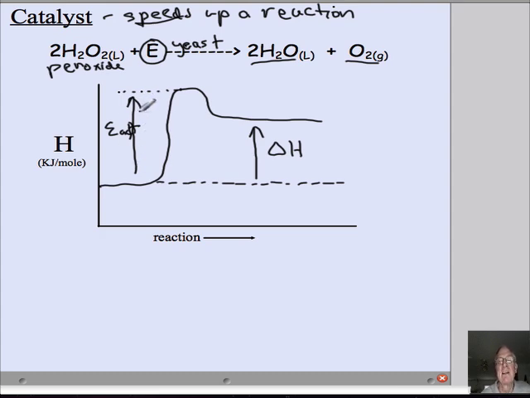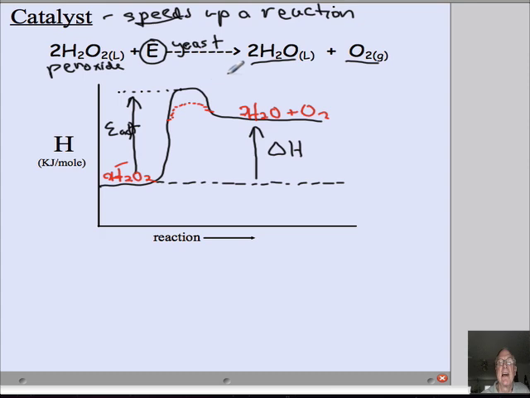It doesn't affect the total energy change in the reaction. The chemicals, the peroxide here, which I guess I could write in here, and the water here and oxygen still have the same enthalpy that they would have had without the catalyst. What the catalyst does is allow that reaction to occur with less required activation energy.